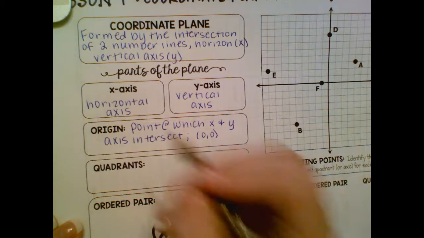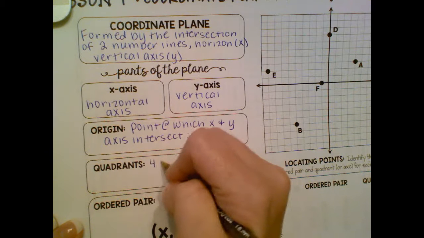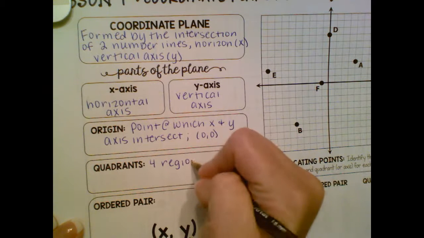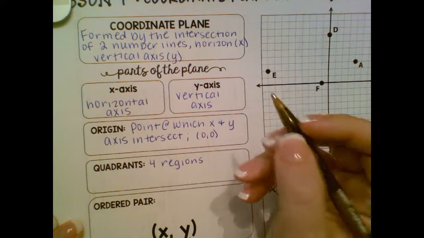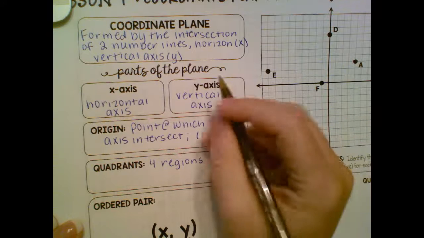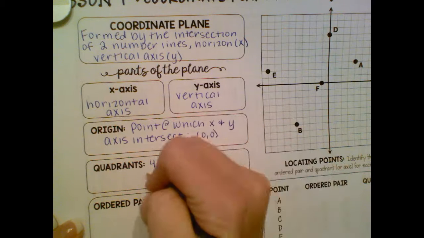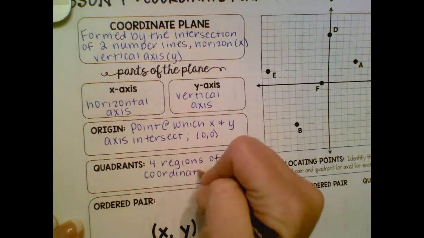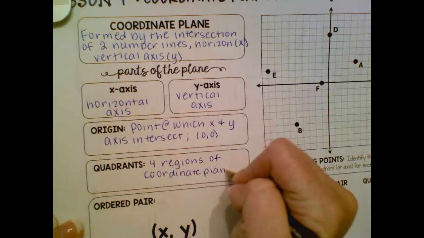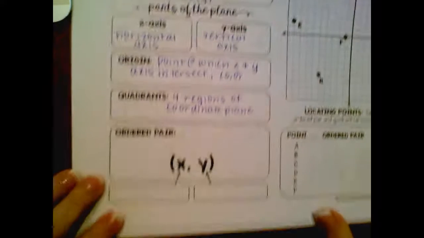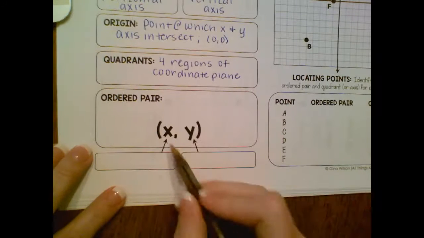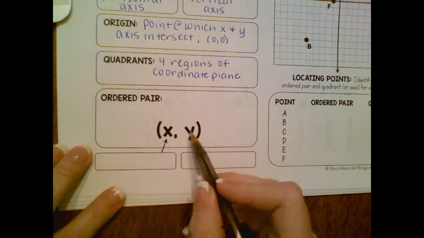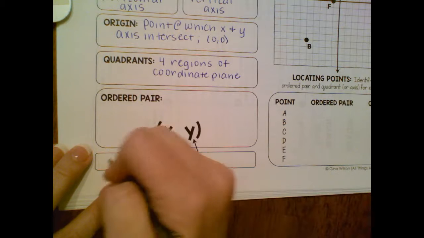Quadrants are just the four regions of my graph. When I'm looking at ordered pairs, my x-coordinate comes first, my y-coordinate comes second.